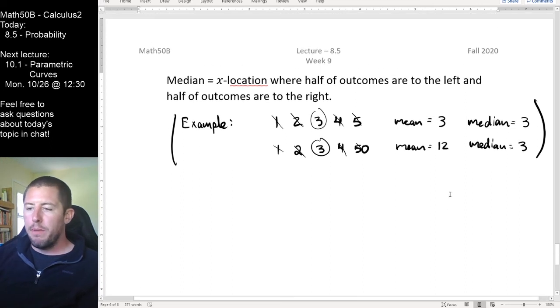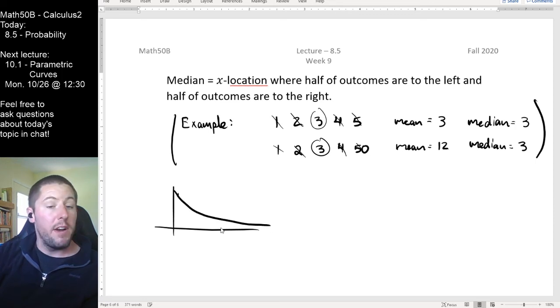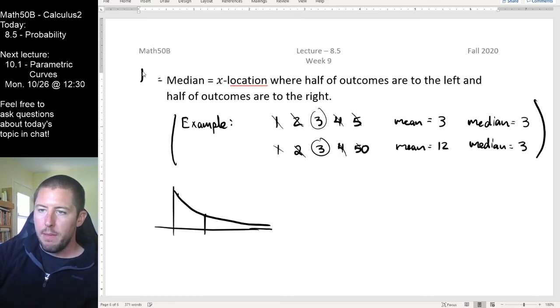So how are we going to compute where a median might be? Let's picture a different distribution here. Maybe if we had a distribution that looks very right skewed like this guy does, a long right tail, what we are interested in locating is where the median, which by the way is typically denoted with a capital M, is. Wherever the median is, this should be half and this should be half.